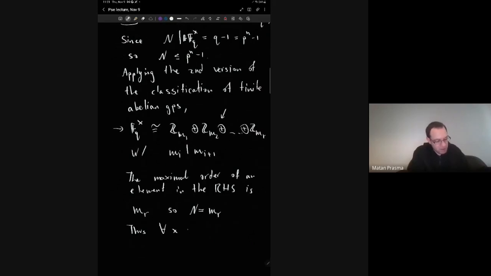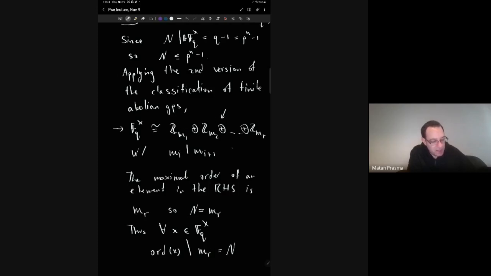For any x in FQ star, the order of x must divide MR, right? Because again, look at the right-hand side.